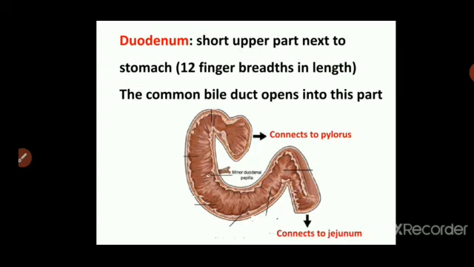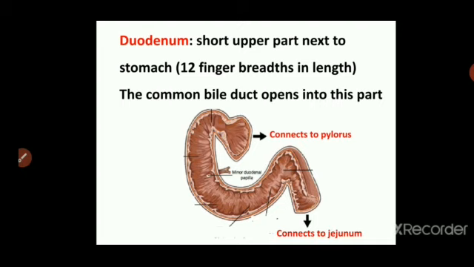Now coming to the first part, that is the duodenum. As you can see in the diagram, it connects to the pylorus, that is the pyloric sphincter. It is only a small patch, about 12 finger breadths in length. It's not too long. So the stomach opens into a small C-shaped narrow duodenum. It measures about 12 finger breadths, that is 25 centimeters in length.